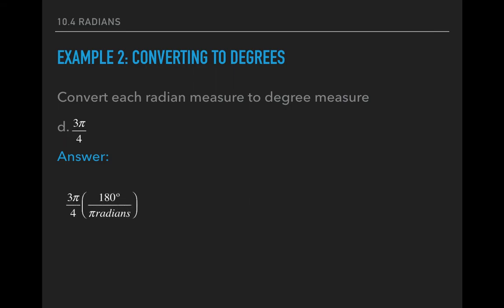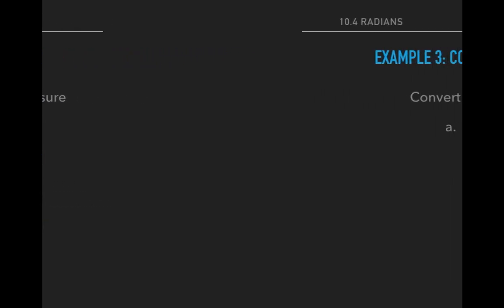It would be 3 pi over 4 times our conversion factor, canceling out the radians and simplifying on the diagonal. 4 can go into 4 once and into 180 45 times. 3 times 45, that's going to give us 135 degrees. All right, so that was converting to degrees given that you were in radian measure.